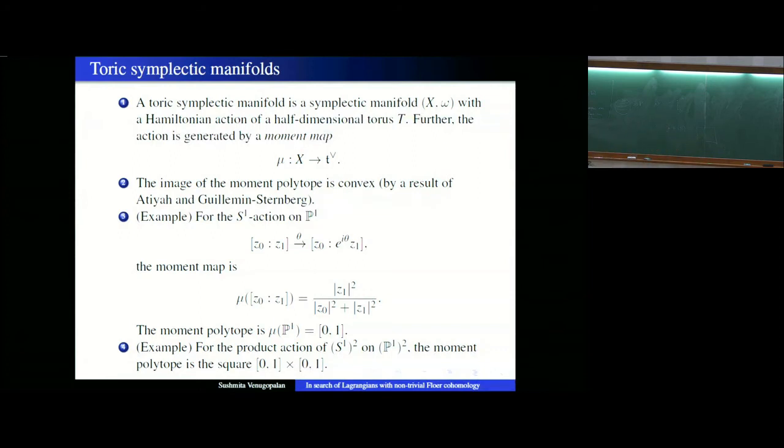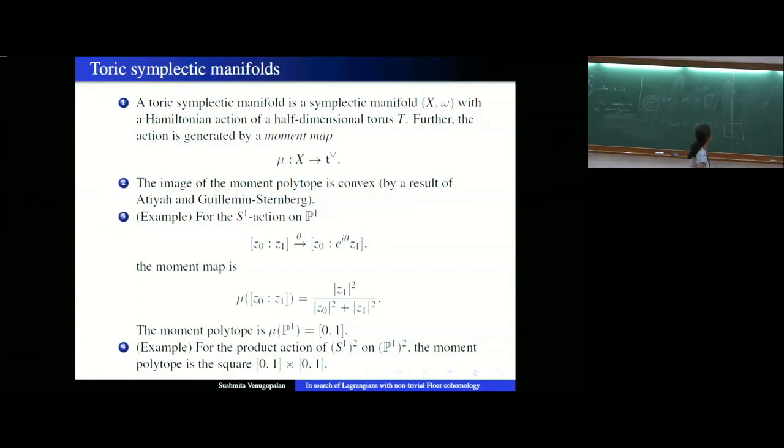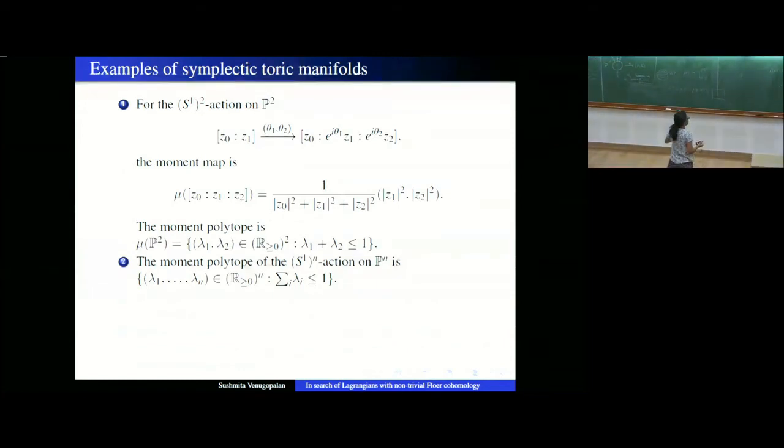So each of them is an orbit of the group action. And the fixed points go to the vertices. And over these points on the one edges, the fibers are circles. So in the interior, all the fibers are two tori. And that continues to be the case in my next example.